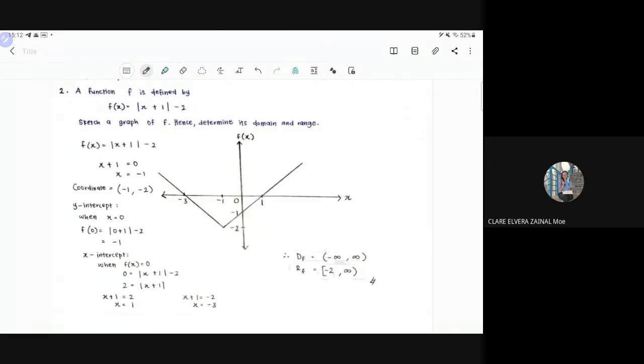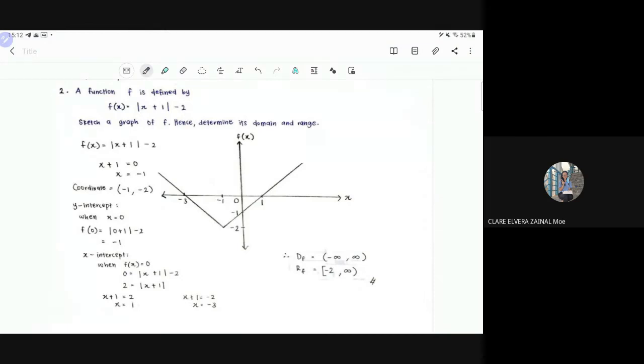So for domain, we look at the x-axis, and we all know that the graph on the x-axis is continuous. So our domain will be x, what I mean, x, I'm sorry, from -infinity to +infinity.